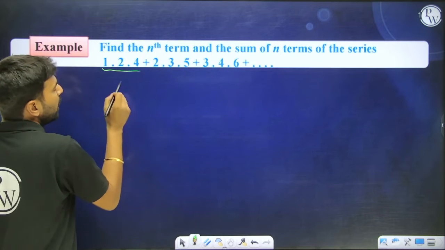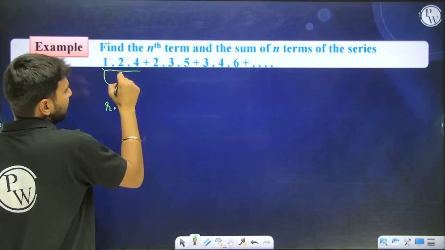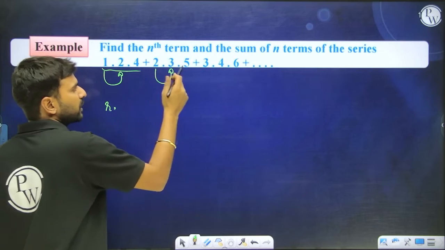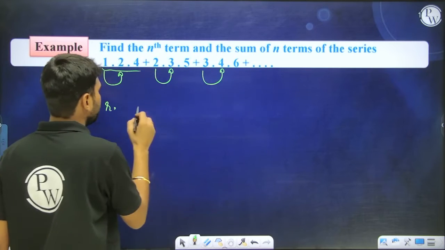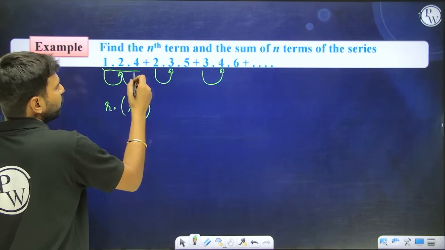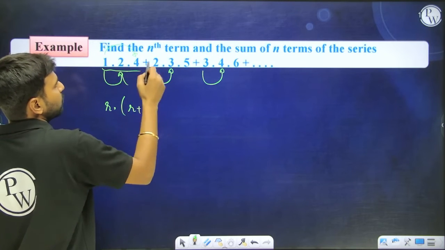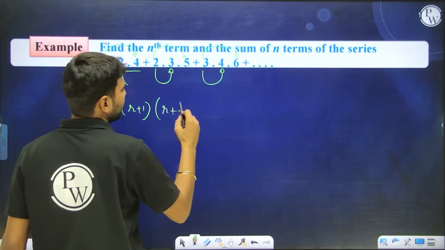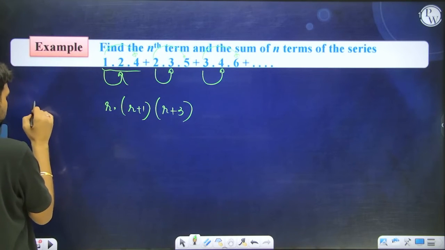Number 2, always the second value is 1 more than the earlier one. Look, over here also the second value is 1 more than the earlier one, over here also 1 more, so it has to be r plus 1. And here if you see this value, the difference between this and this is always 3. Yes or no? The difference between this and this is always 3. So this is nothing but your general term, the rth term.